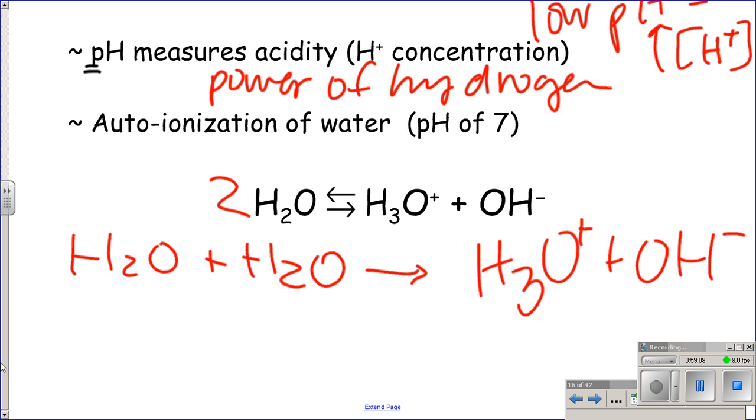Either one. So this one's an acid, so what's it doing? Donating, thank you. It's a donor. It's donating an H here to make hydronium, leaving that water to be hydroxide. So this water is acting as the base.